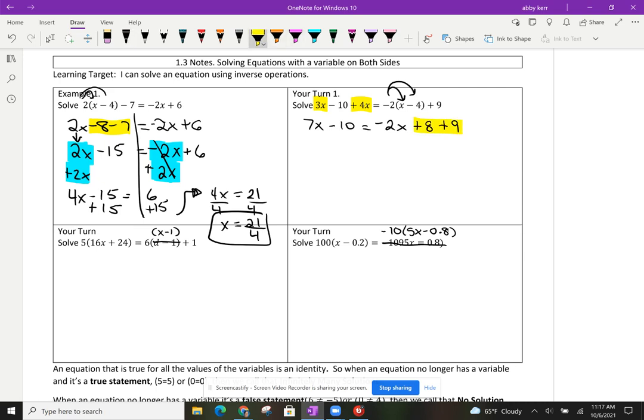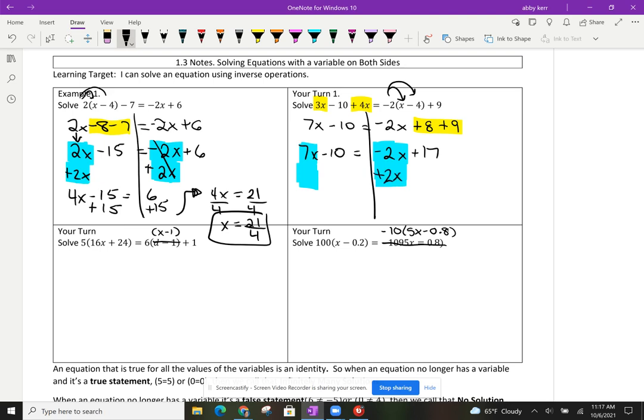We can combine like terms here because they're on the same side. Now, once again, we have variables on the left and we have a variable on the right. We need to be able to move it over, and we're going to do that by the inverse operation.